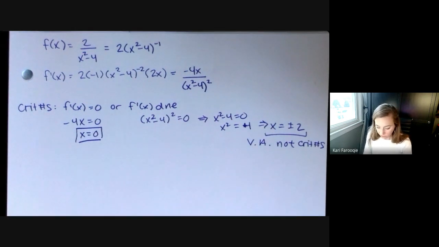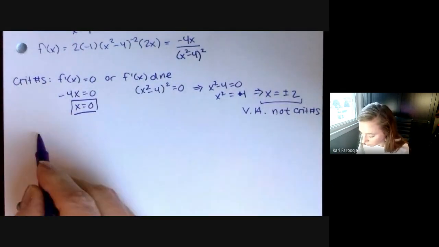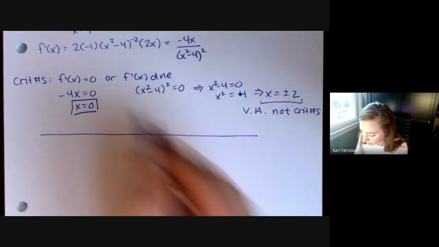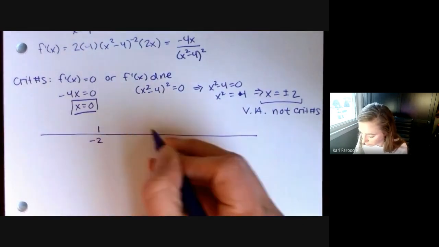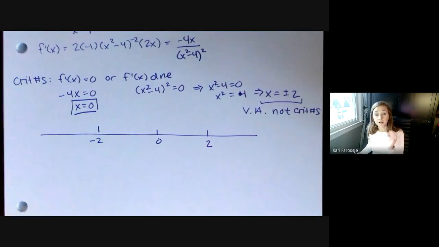All right, so let's go ahead and set up the sign analysis with our first derivative. I need to consider all 3 of these values we got out of the first derivative. So I'm going to make my number line. I'm going to start at -2, then go up to 0, and then +2. I'm going to pick test points in each of these 4 intervals, and evaluate the first derivative at the test point.